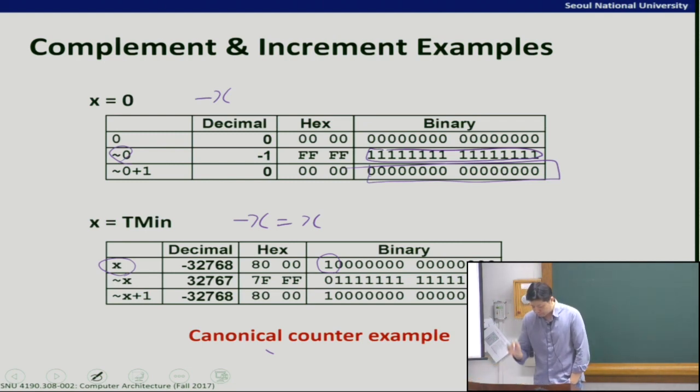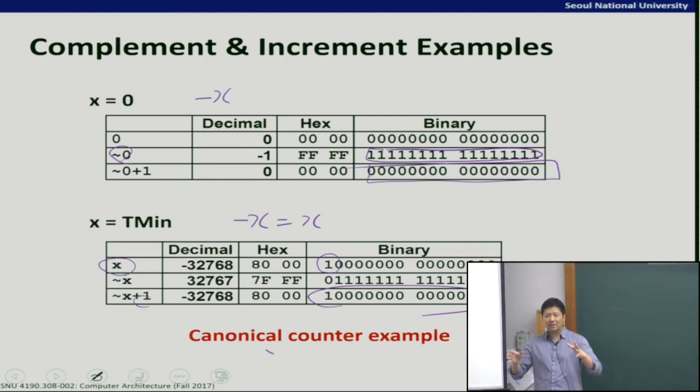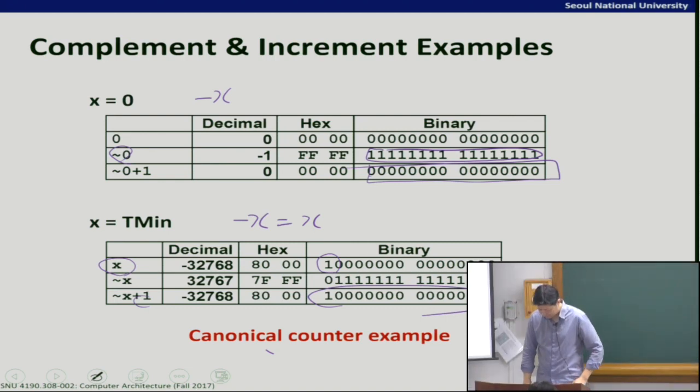If you take the bitwise inversion, then it will be 0, 1, 1, 1, 1, 1, 1, and so on. And if you add 1 to it, then you recover the original value. The reason is that there's no corresponding positive number to t-min, right? So that's why if you calculate the two's complement, you come back to the original number. It's a canonical counterexample.